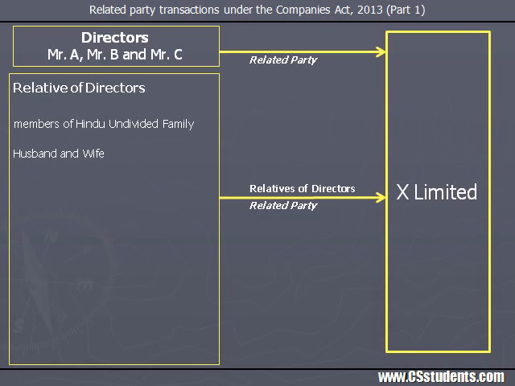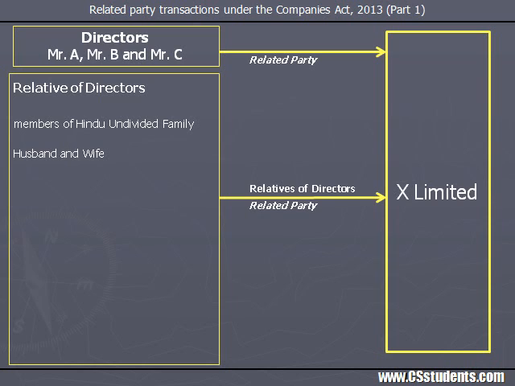The last category is if the 2 persons are related in such manner as may be prescribed. So, under subsection 77, Ministry of Corporate Affairs has the right to prescribe other relationships to be classified as relatives.